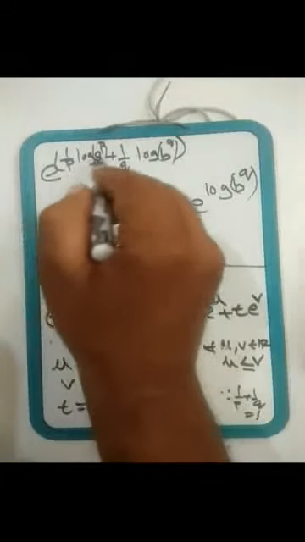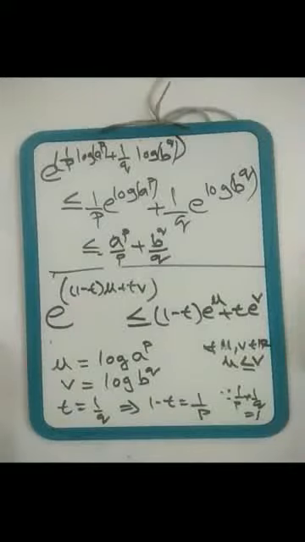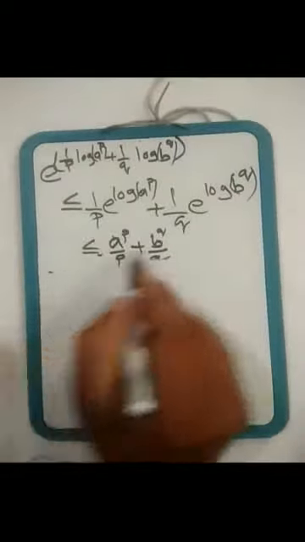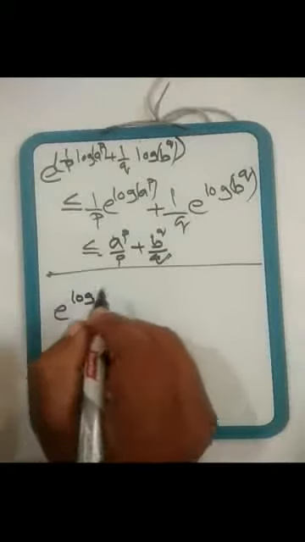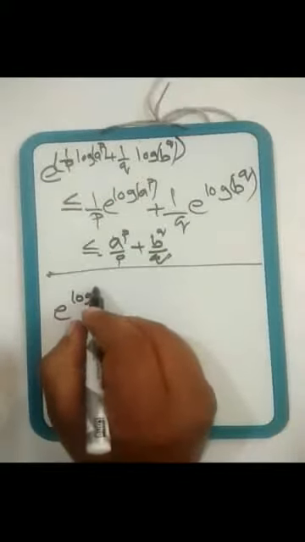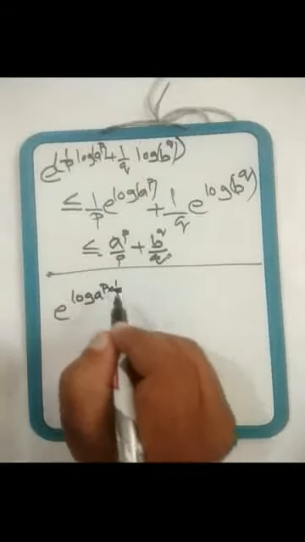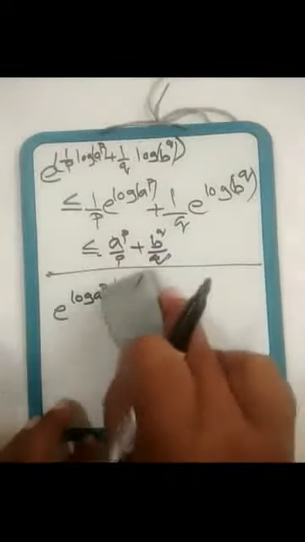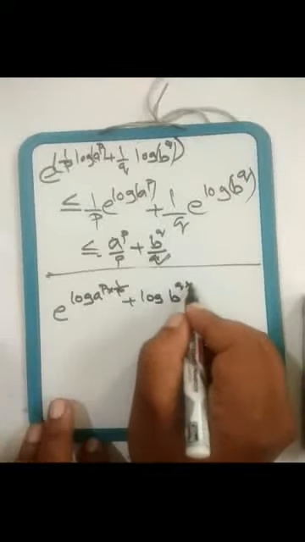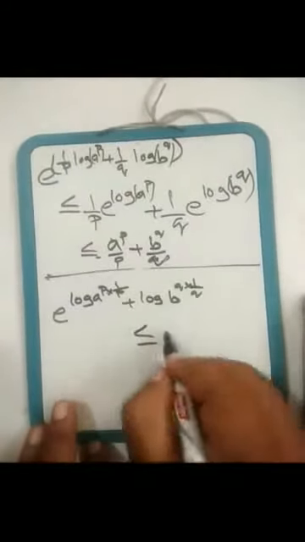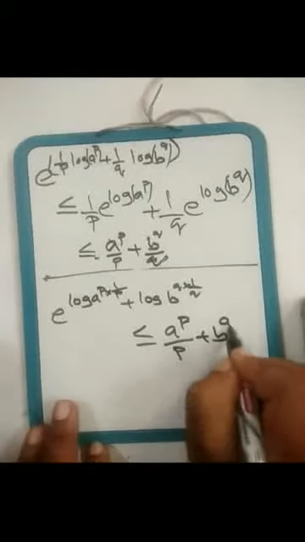And for this one, 1 by p goes to the power, so that becomes e raised to log of a raised to p into 1 by p plus log of b raised to q into 1 by q, which is less than or equal to a raised to p upon p plus b raised to q upon q.